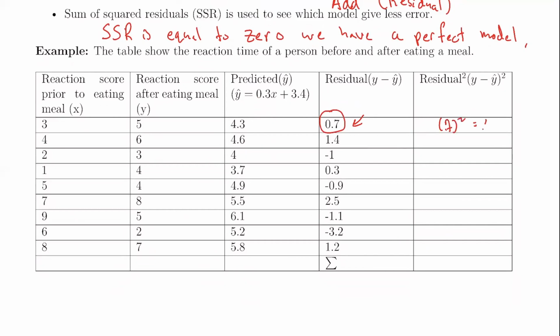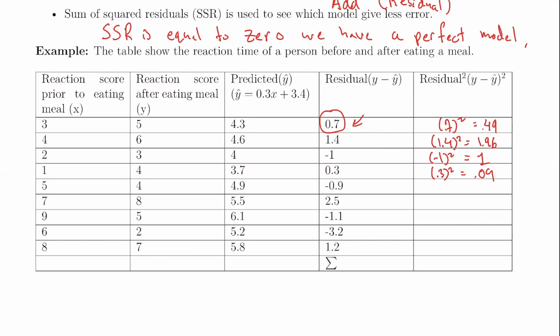That's going to be 0.49. Then you get 1.4 to the second power, so you get 1.96. You get negative 1 to the second power, well, that's 1. If you do 0.3 to the second power, that's going to be 0.09, if I remember correctly.